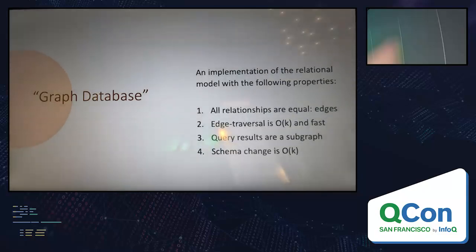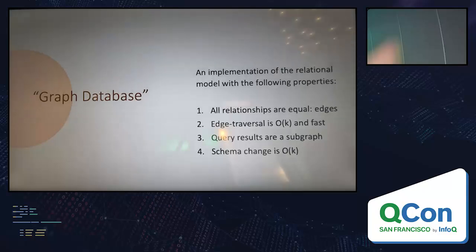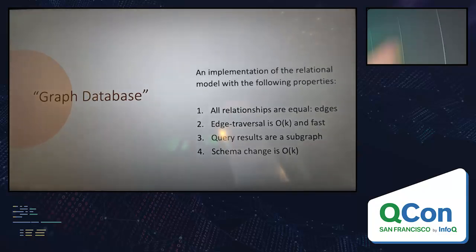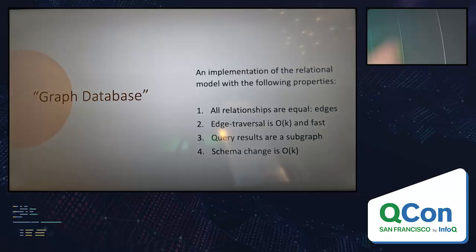I need to be able to show up with a new kind of predicate and just start using it at full speed. This can't turn into any kind of alter table fire drill underneath the surface in the implementation. Okay, that's it. That's my proposed definition for a graph database. Clearly, I disagree with a lot of the world, so we'll see how that turns out.